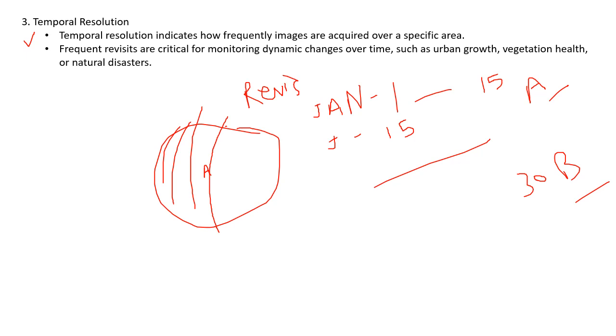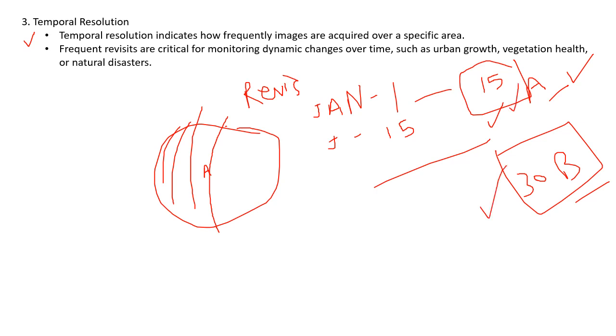The correct answer is A, because within a month you will see 2 times of your area. Here you can watch only one time. You can analyze only one time in a month. Here 2 times. So the temporal resolution here is better than B.